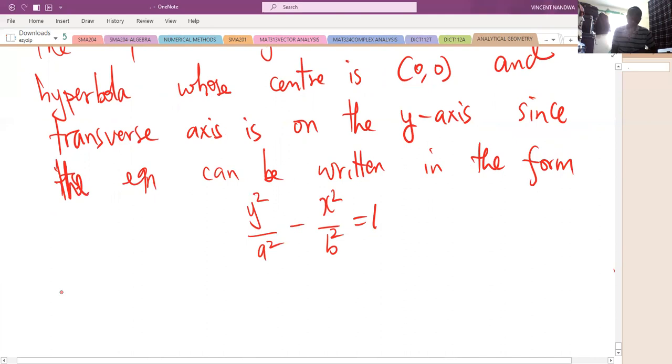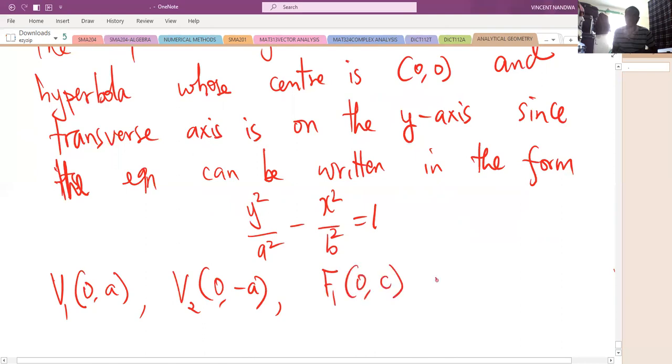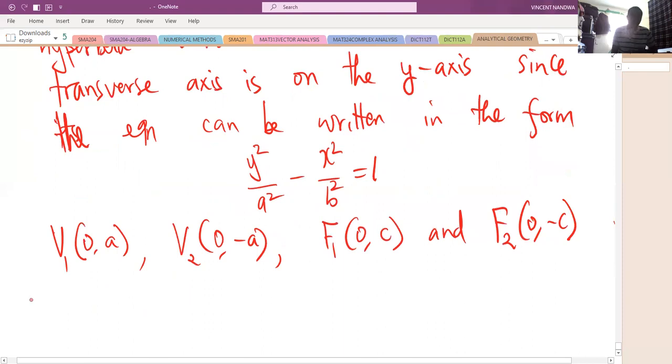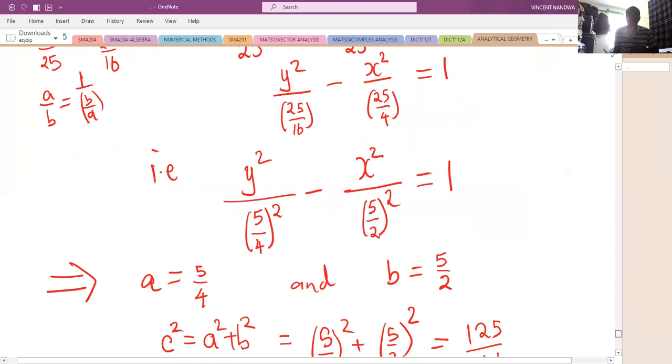So remember, in this case, vertices v1 is given by 0, a, v2 is given by 0, minus a, f1 is given by 0, c, and f2 is 0, minus c. So therefore, we have vertices v1 is 0, and what we got as our a in this question is 5 over 4.